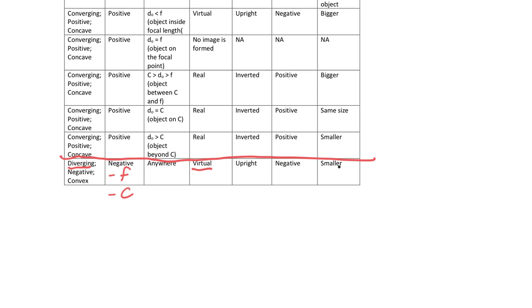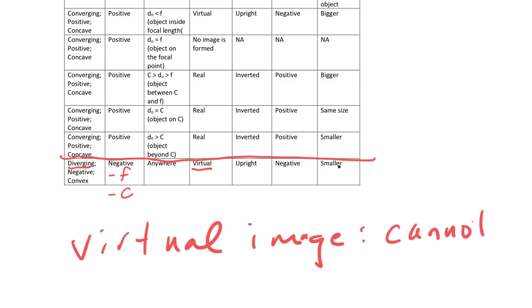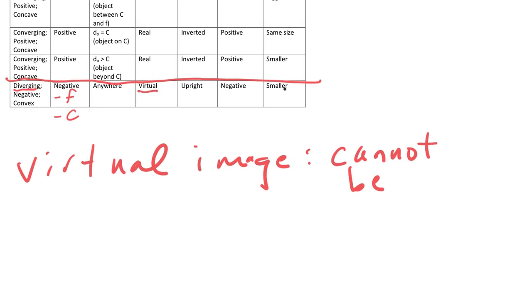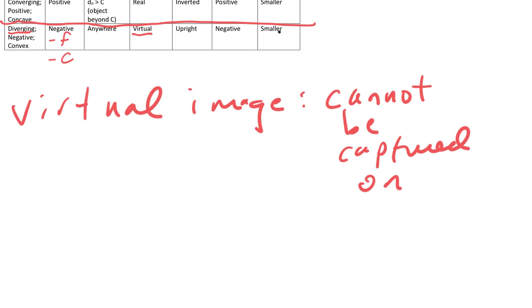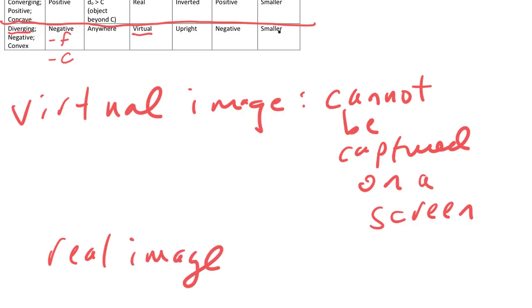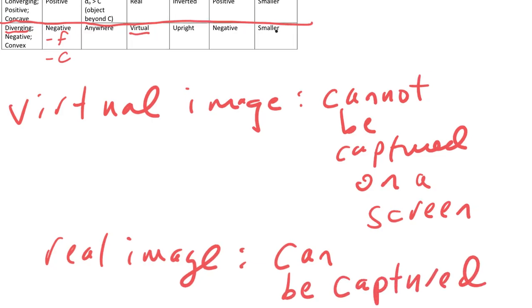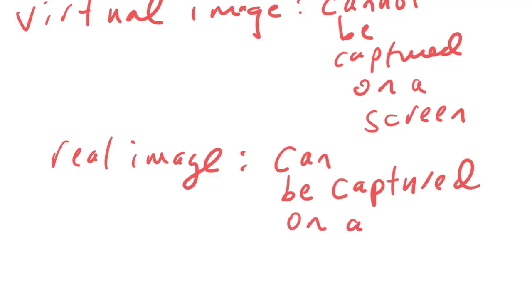Let me write that. Virtual image cannot be caught on a screen. Whereas a real image can be caught on a screen, clearly shows up on a screen. So remember, we're talking about mirrors right now.